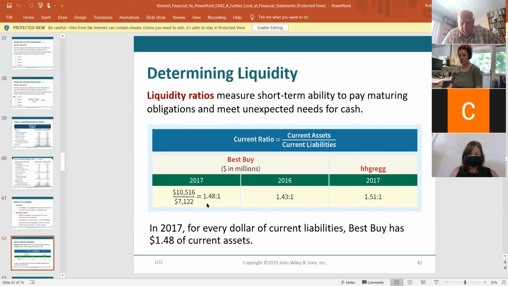We get 1.48 to 1, about a 1.5 to 1 ratio. What this means is for every dollar of current liabilities, Best Buy has $1.48 in current assets. So they too are fairly liquid. Another way to say it is if they paid off every dollar of current liabilities, they'd still have 4.8 million left over, or whatever that extrapolates to. Best Buy.